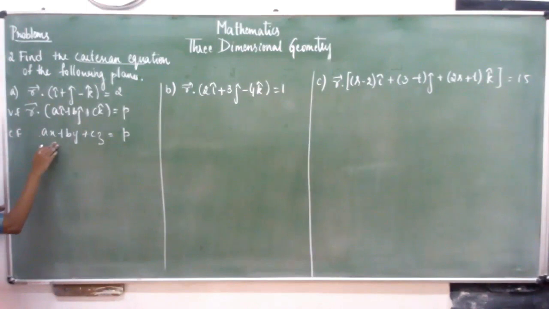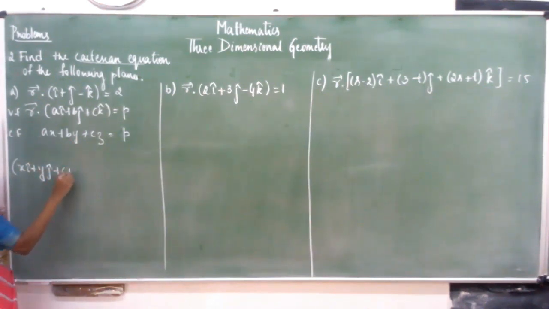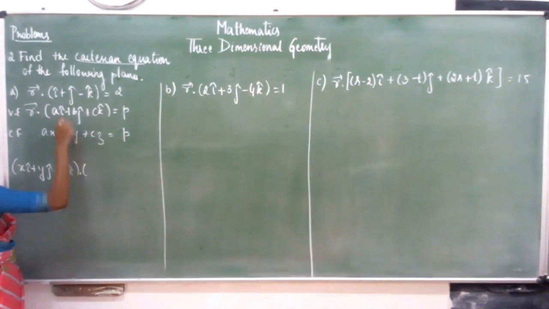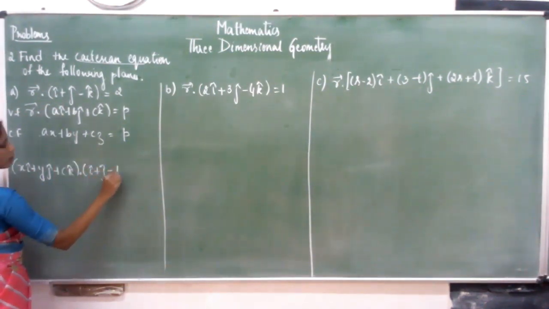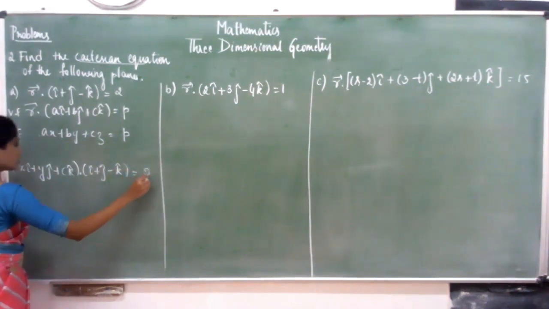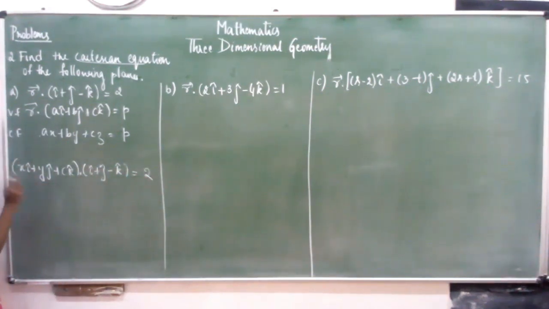So, in order to reduce into this form, first we need to write what vector r is. We know vector r is x i cap plus y j cap plus z k cap, dot (i cap plus j cap minus k cap) is equal to 2. Find the dot product between these two vectors. So, x into 1, it is 1x. y into 1, so it is 1y.